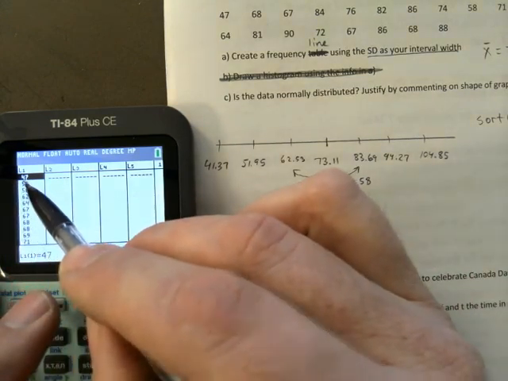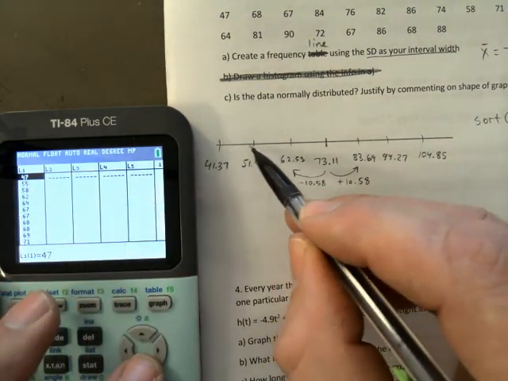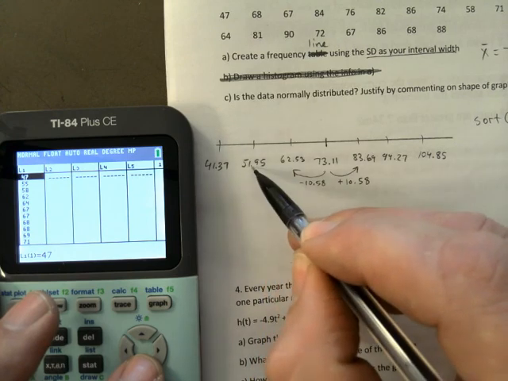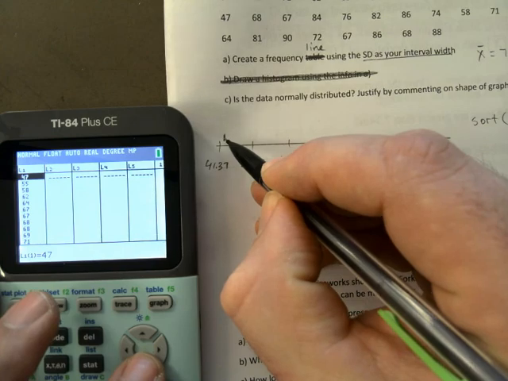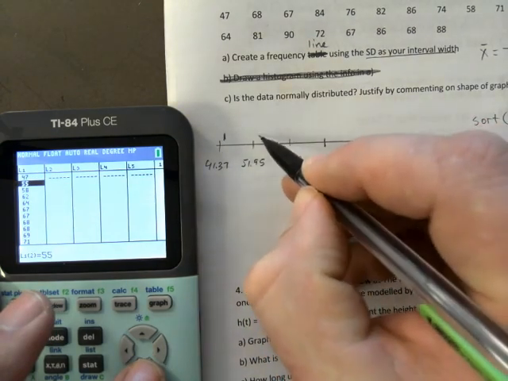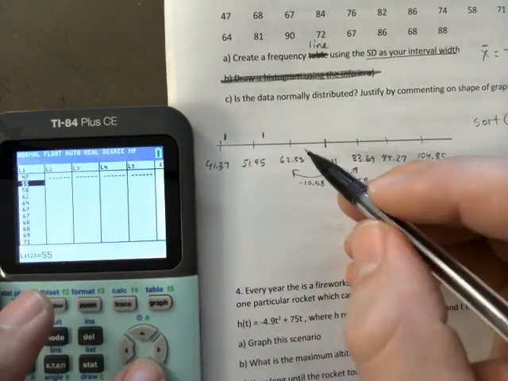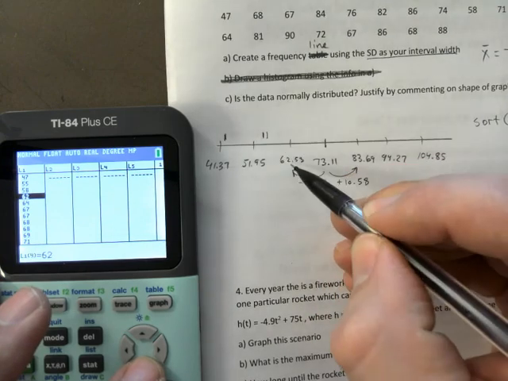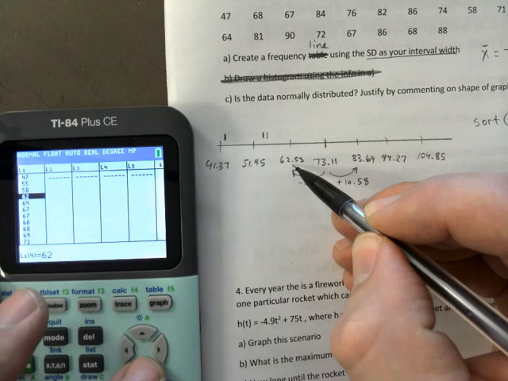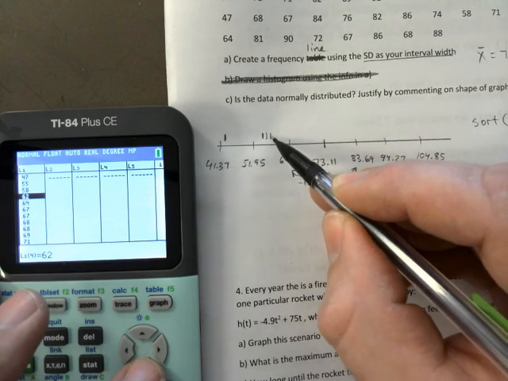So you say 47, where does 47 fit in? It would fit in this category here, would you agree? So you put a mark, 47. 55 is already in here, you put a mark there. 58 is still here. 62, where is 62? It still would be here, right?